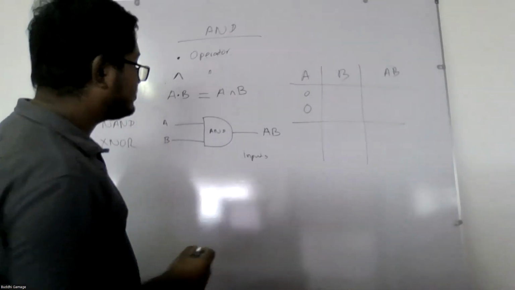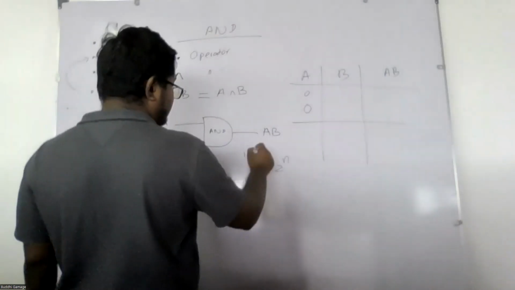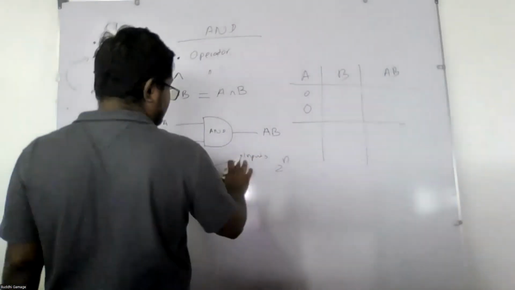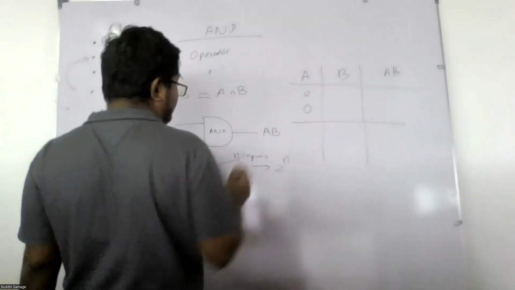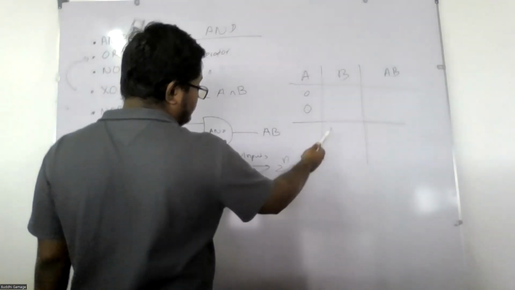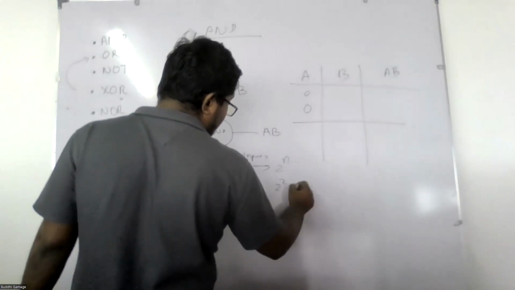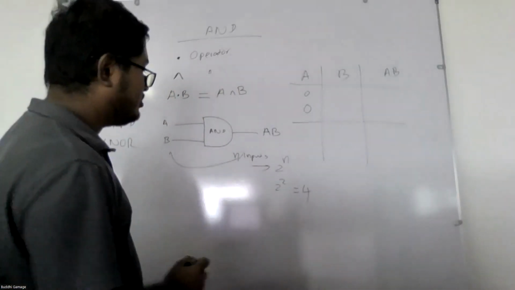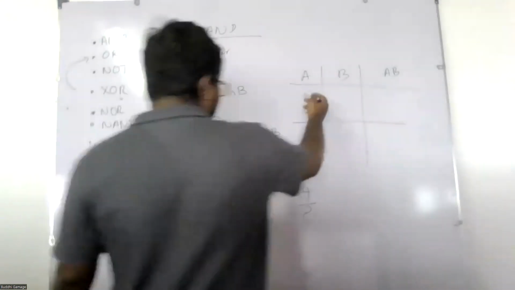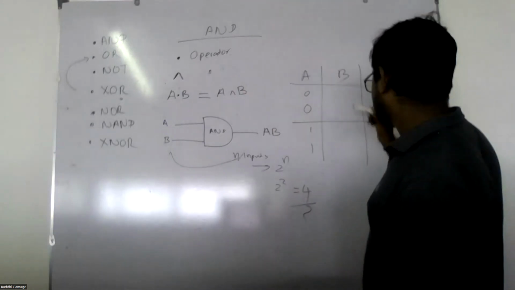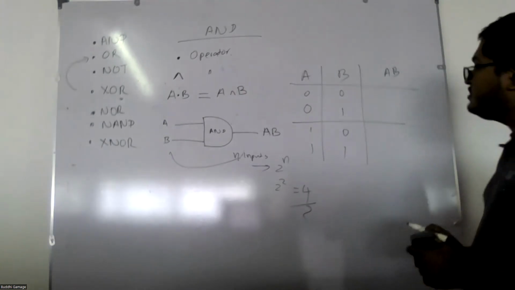How many rows are there in the truth table? If there are n inputs, the number of rows in the truth table will be 2 to the power n. So here n is 2, and 2 to the power 2 is 4. So there should be 4 rows. 4 divided by 2 is 2, so 2 zeros and 2 ones. Then again we divide by 2, so 0 1 0 1. These are our 4 occurrences.